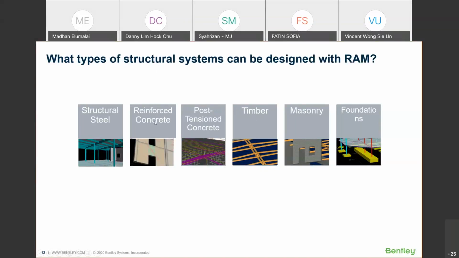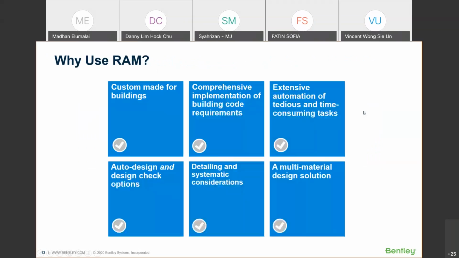Structural steel, concrete, post-tension concrete, composite slabs, composite floors, timber, masonry, foundations. RAM is custom made for buildings, meaning this product is not useful for anything other than buildings. For example, you can't use it for designing bridges or stadiums or power plants or process plant kind of structures. You need to use STAAD.Pro.